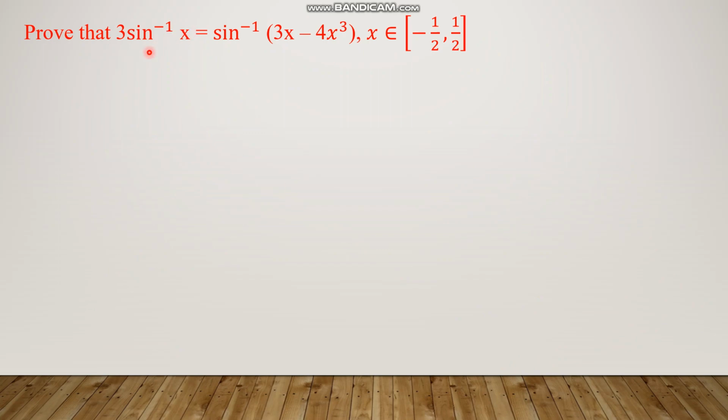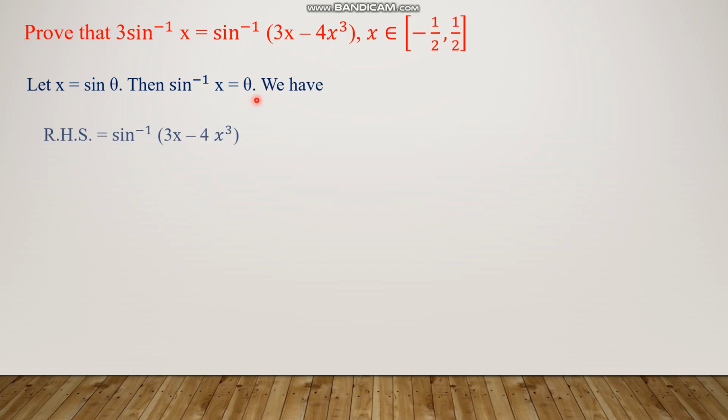Next problem. Prove that 3 sin inverse x is equal to sin inverse of 3x minus 4x cube. What we do here is we will take x is equal to sin theta, then sin inverse x will be equal to theta, and we take the RHS. Now, what is RHS? RHS is sin inverse of 3x minus 4x cube, and when you substitute, we will get sin inverse of 3 sin theta minus 4 sin cube theta.